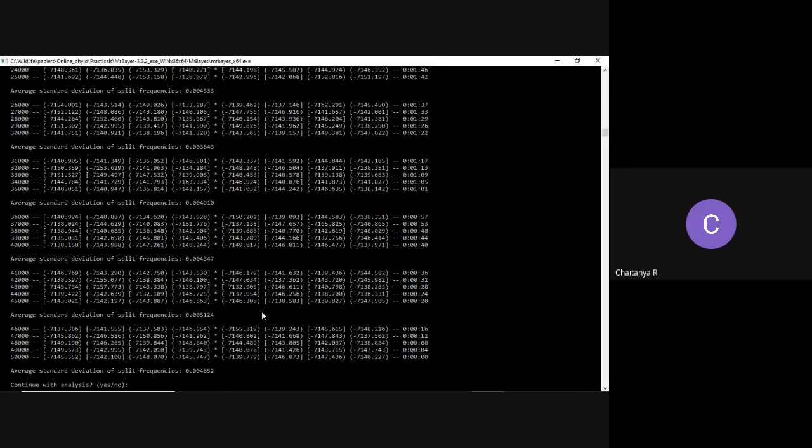And if they are converged, MrBayes says that this value should be 0.01 or less, right? And here we see that it's already at 0.005, which means we have converged very easily. Is that clear?